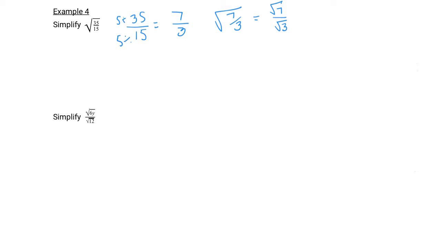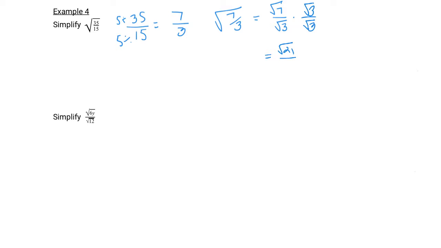And if I want to rationalize the denominator, I'm going to take whatever the bottom radical is, the square root of 3, and multiply that by the top and the bottom. And you'll see why in just a second. 7 times 3 is 21.